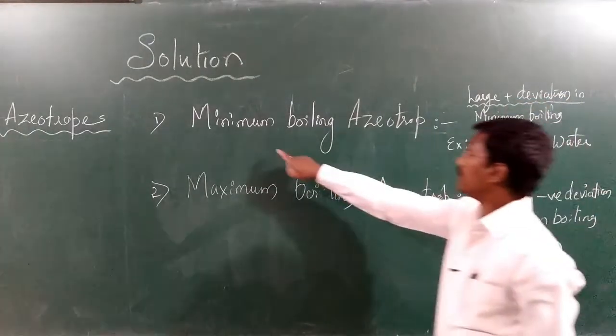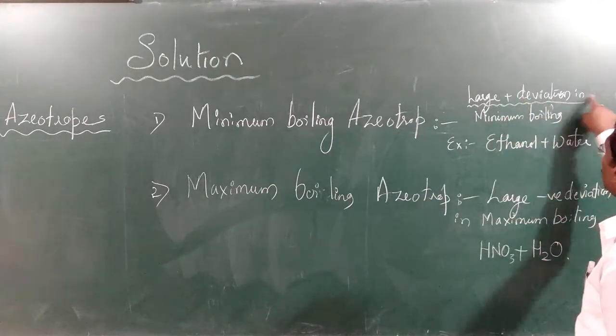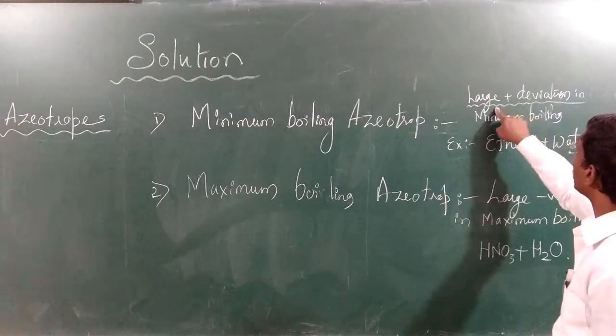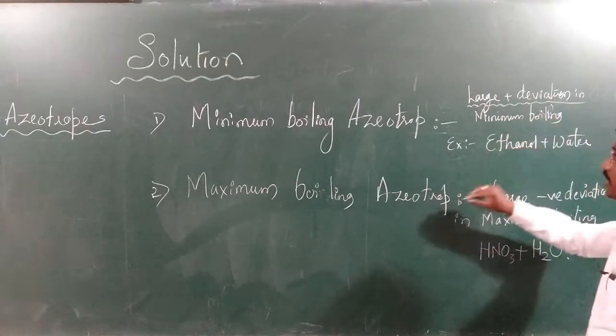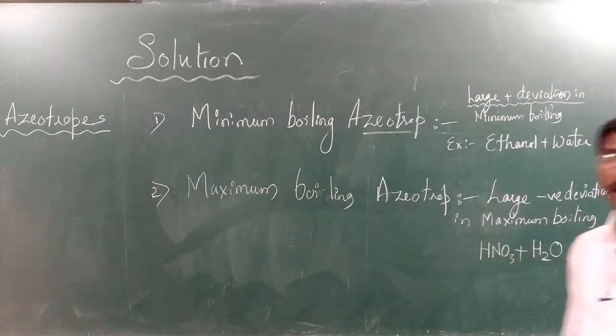We are boiling at a minimum temperature, but they undergo the larger positive deviation. Such mixtures are called minimum boiling azeotropes.